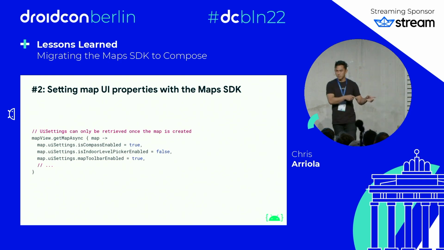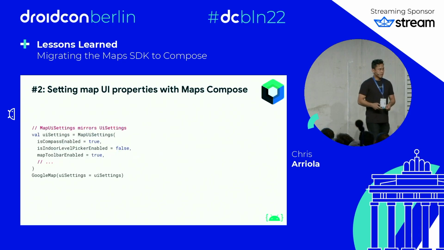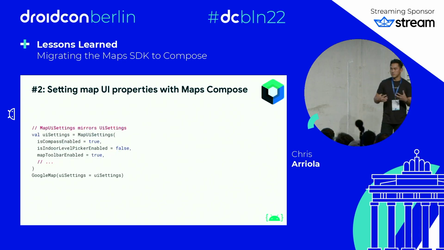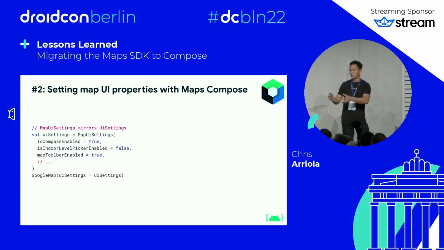And going back to the first lesson, we want to be able to declare ahead of time what our UI settings should be. So we can't reuse this class in this case. So Maps Compose introduces a wrapper class, map UI settings, which mirrors the same properties in UI settings. So you can create an instance of this map UI settings and then provide that to the Google Map composable function.